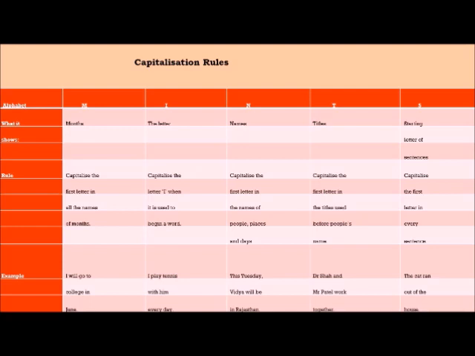T stands for titles like Mr., Mrs., Shri, Srimati, etc. In this also the first letter is always written in capital, and S stands for the first letter of a sentence. So the first letter of a sentence is also written in capital. For all these we use capital letters.